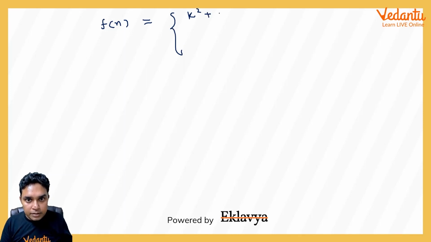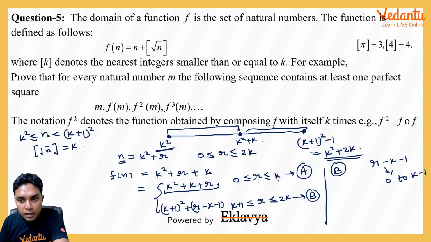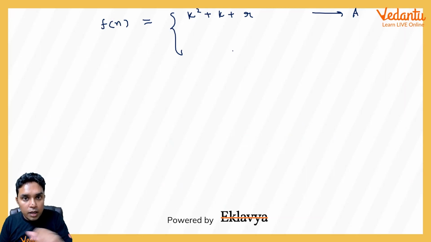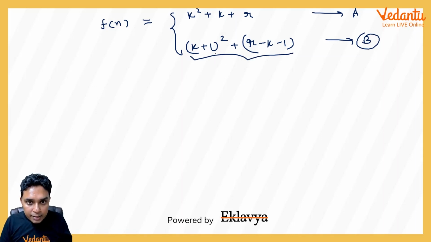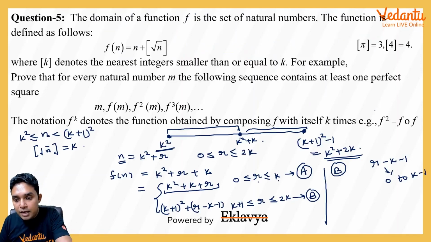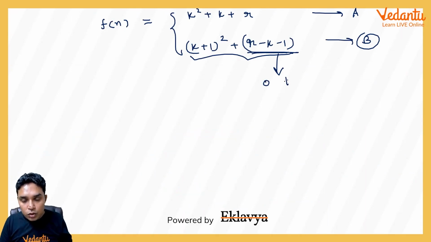k square plus k plus r, my first case A, in which it was still between k square and k square plus 2k, or I could have taken this as k plus 1 whole square plus r minus k minus 1, and this is my category B. So if you look at this category B once again, what you will see is that this is again actually kind of category A only, because this new number, you can see it is lying between 0 to k minus 1.